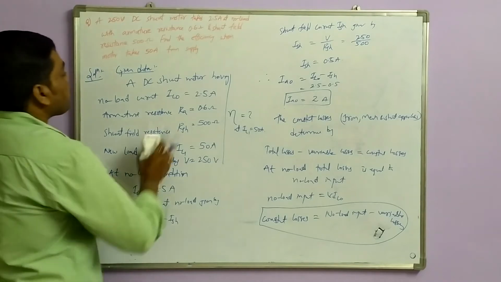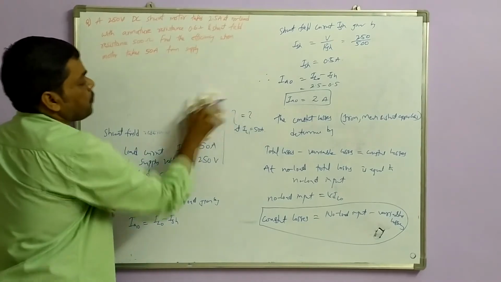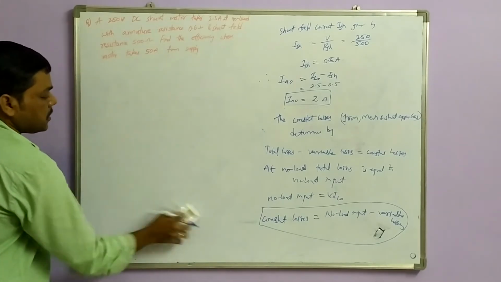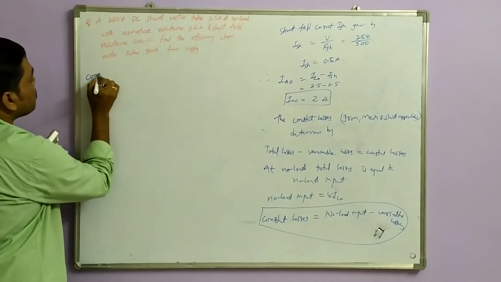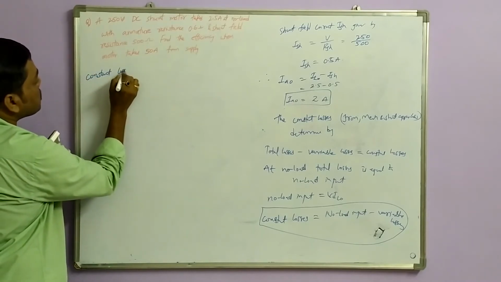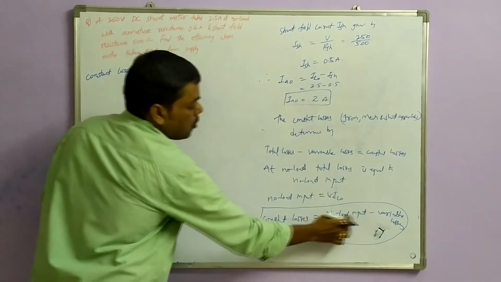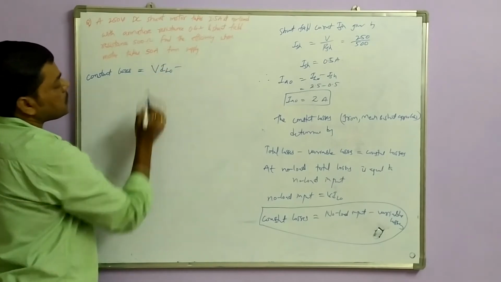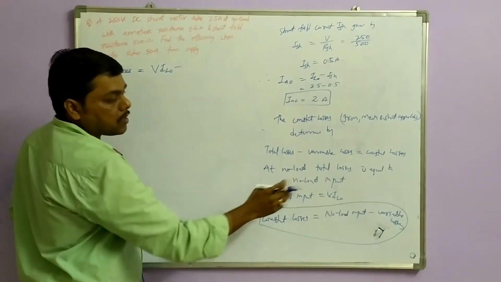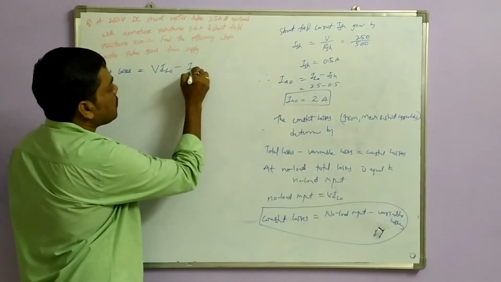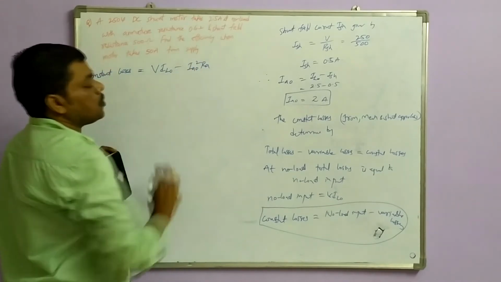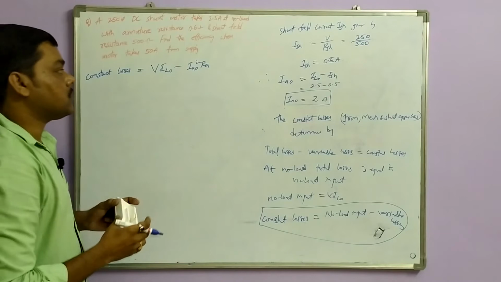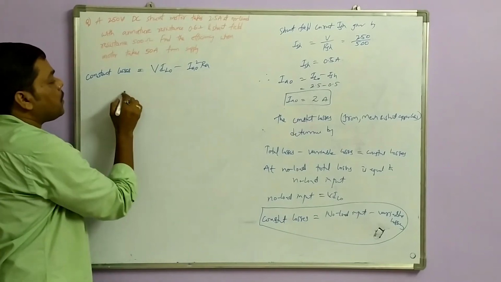So the constant losses are equal to the no load input, V into IL0, minus the armature copper losses, which are the variable losses. So what is the variable loss? Nothing but armature copper losses, given by Ia0 squared into Ra.